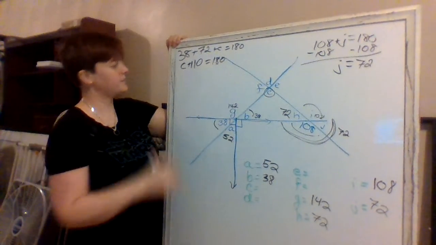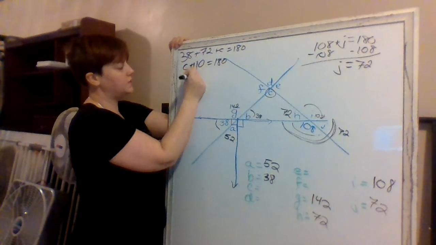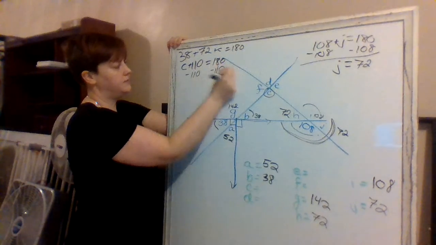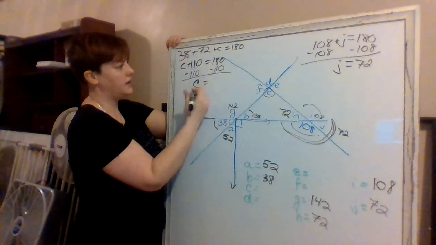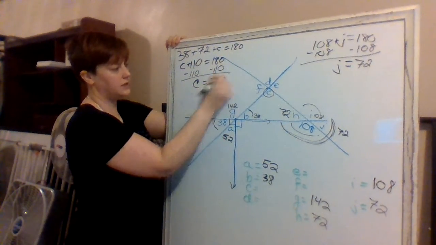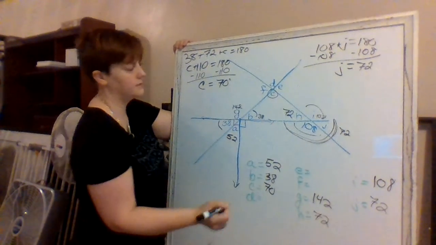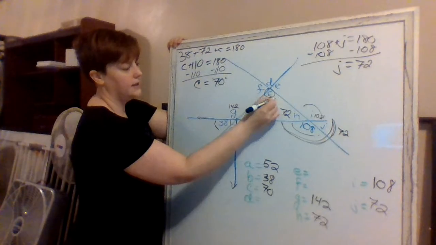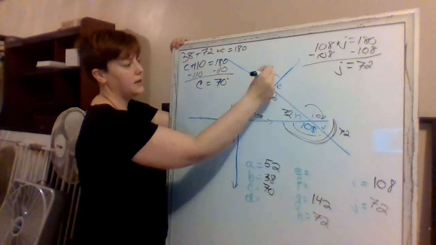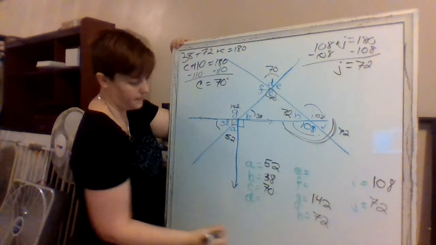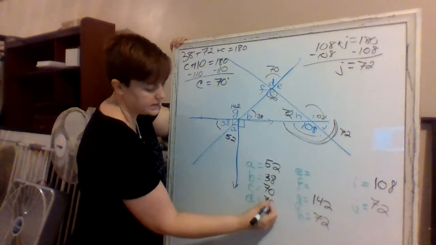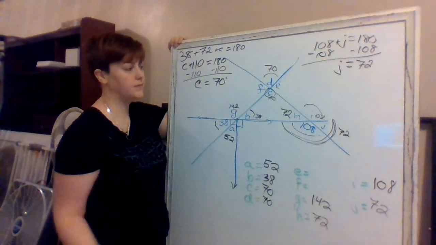Give me a minute. And so we're going to subtract 110 from both sides, and we're going to get C equals 70 degrees. And so if C is 70, then D will also be 70 because they are vertical angles.